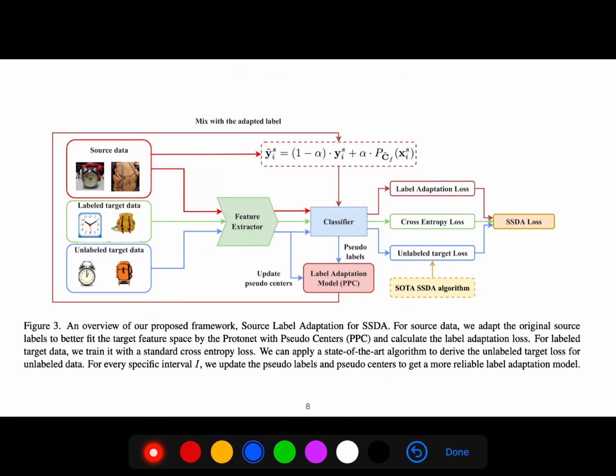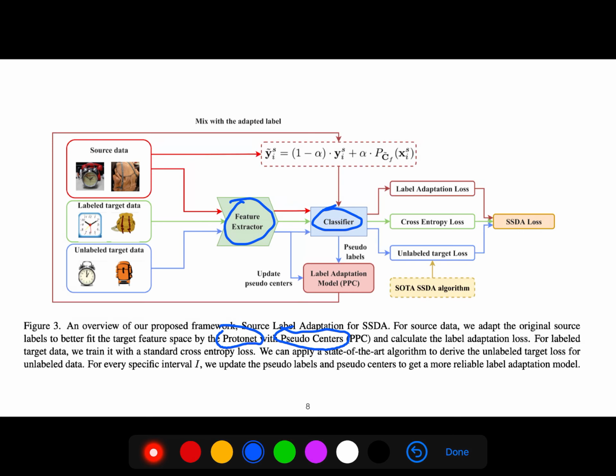So this is an overview of the proposed method. Like many articles, they use a feature extractor and then a classifier. But for source data, we adapt the original source label to better fit the target feature space by the protonet with pseudo centers and calculate the label adaptation loss.